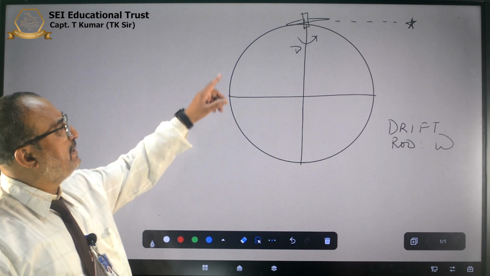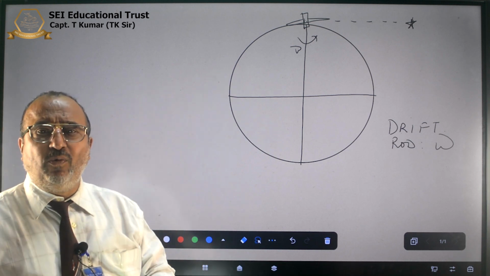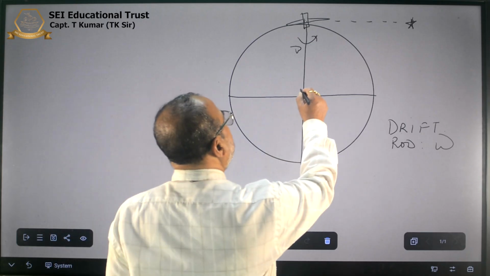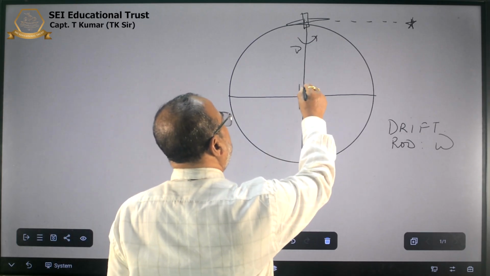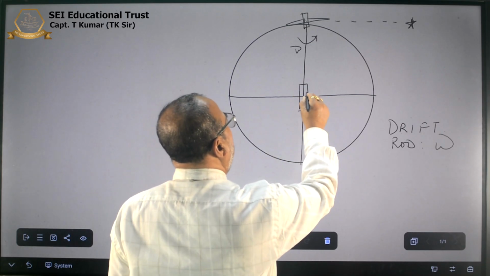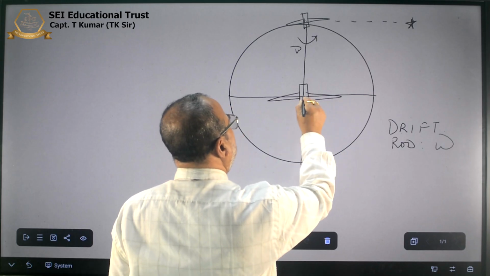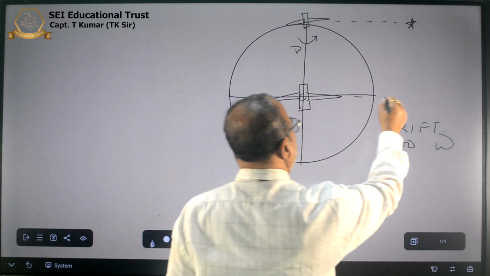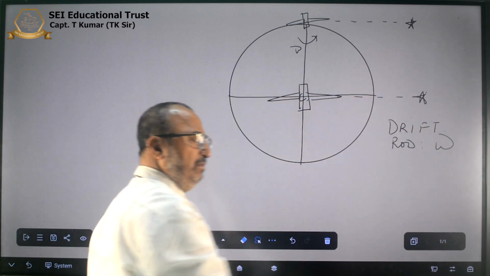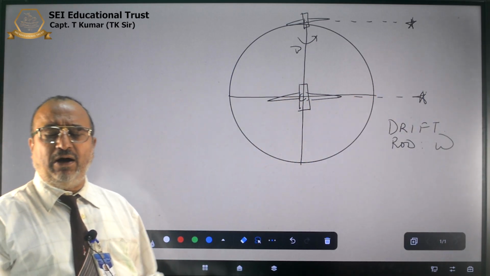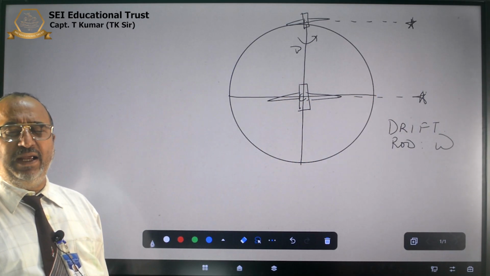Now bring back the same free gyroscope to the equator. Now you see what happened. Place it over here. In the same way, it is supposed to keep pointing to the gyrostar. So, in this case, how will the gyro axis behave?